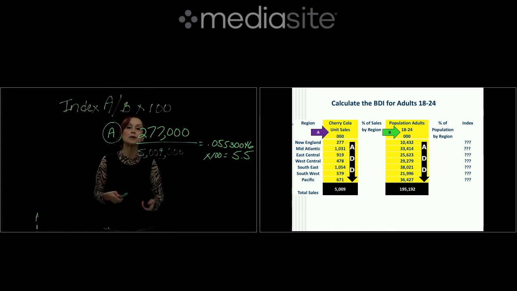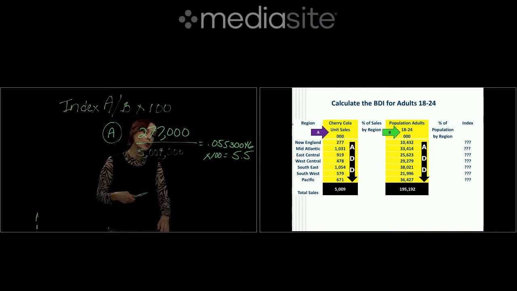I'm not going to write them down. 10,432,000 adults 18 to 24 in New England. 33,414,000 for Mid-Atlantic. 25,623,000 for East Central. 29,279,000 for West Central. 38,021,000 for Southeast, 21,996,000 for Southwest, and 36,427,000 adults 18 to 24 that reside in the Pacific region.